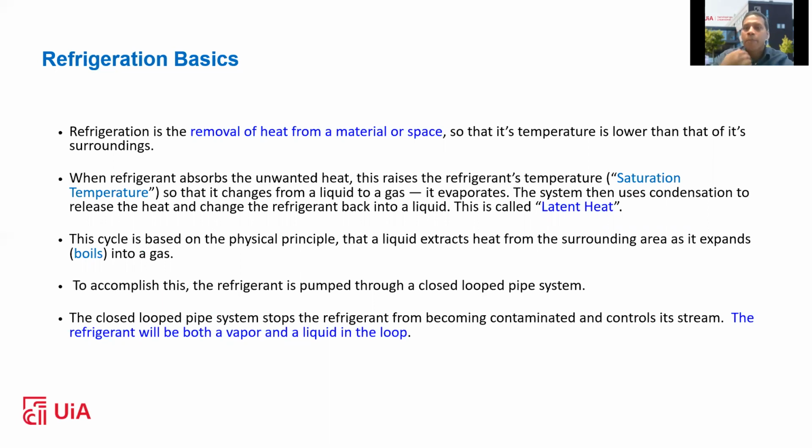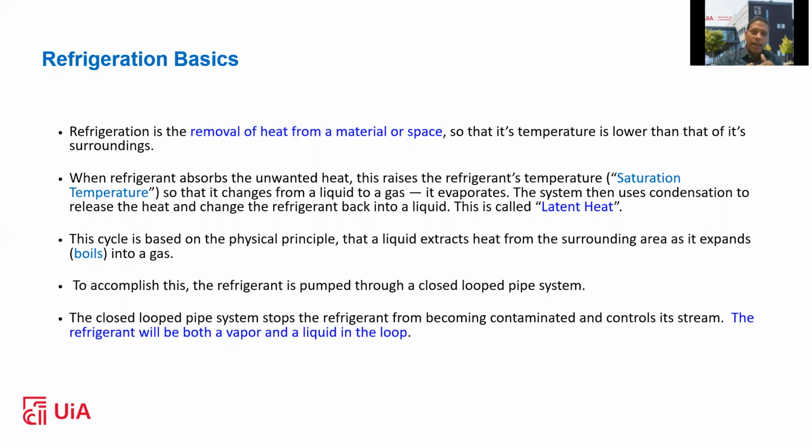It means it evaporates, and this is important. In a refrigeration cycle, I will come back to this diagram later. When it reaches the saturation temperature, it changes phase from liquid to gas, goes through the compressor, and then you have a condenser.